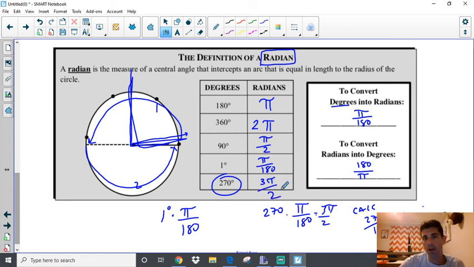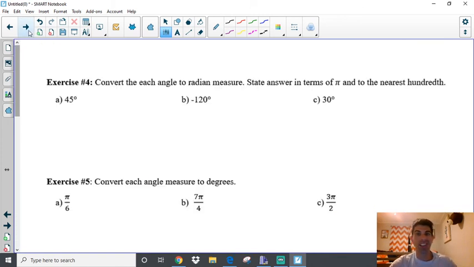So a little bit later on when we start graphing some of these different functions that we're going to be getting into, this is going to really kind of rear its ugly head and make a little bit more sense. So here's some practice, okay? If you want to hit pause, practice doing that, go for it, all right? So state all of your answers in terms of pi and to the nearest 10th.